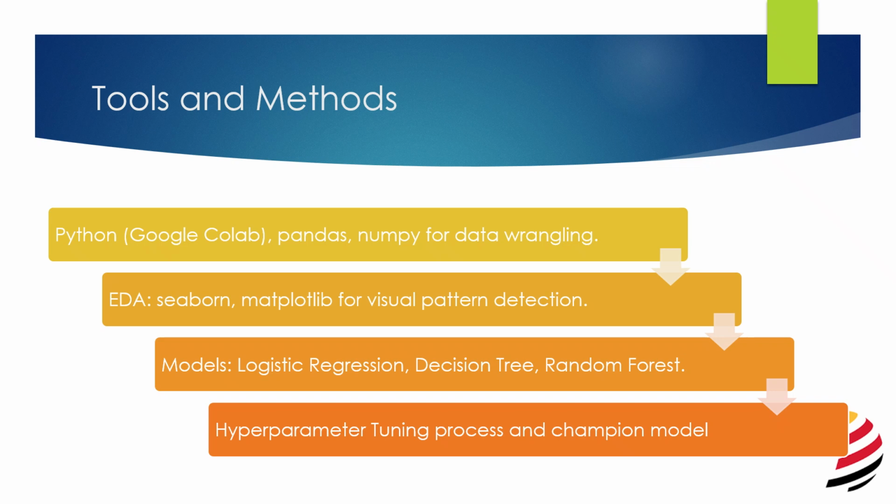Three different machine learning models were created on this data: logistic regression, decision tree, and random forest. Finally, hyperparameter tuning was done to enhance the performance and the generalizability of the model and identify the champion model.